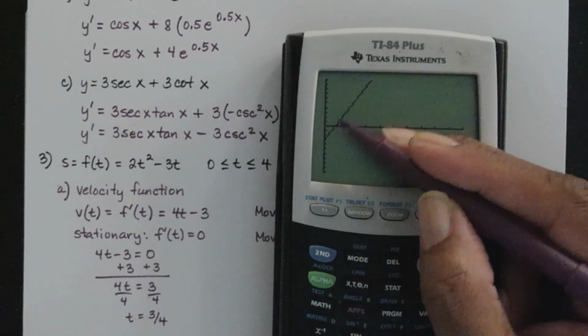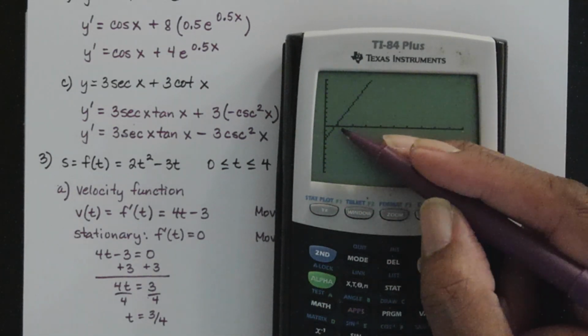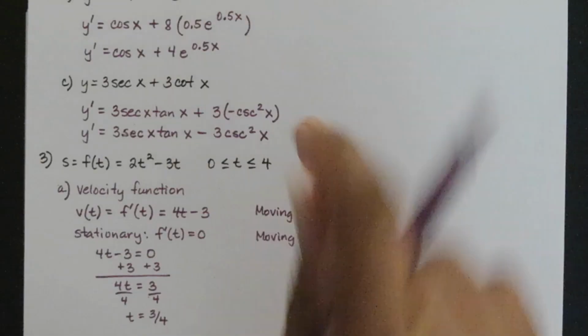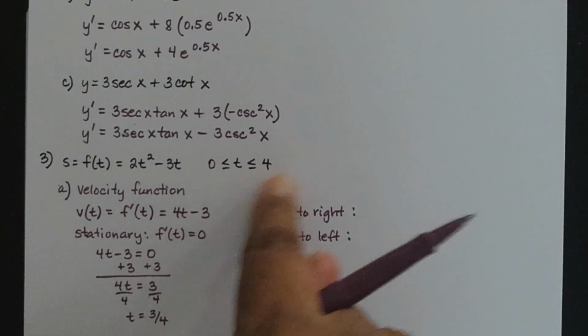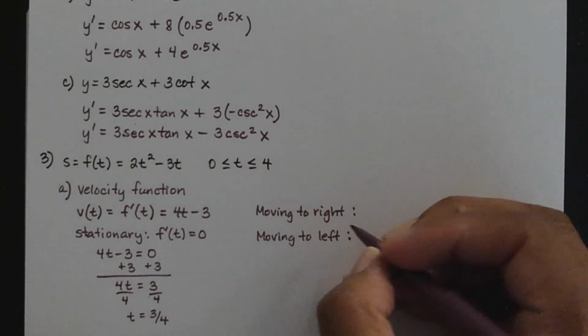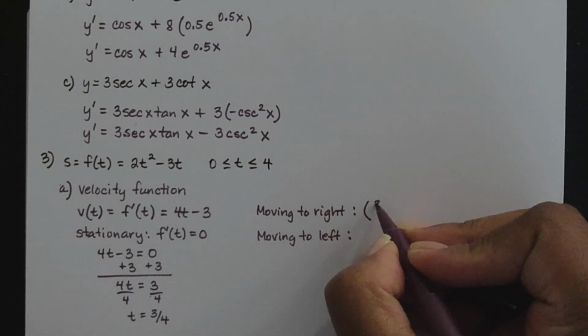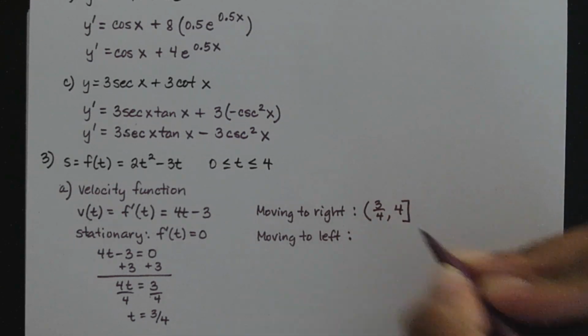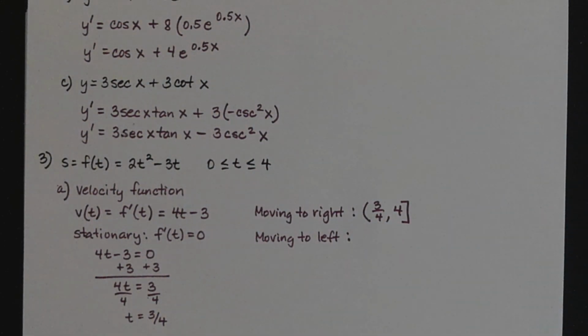Anything above will have to be moving to the right. So if it's bigger than 3/4, it has to be moving to the right. And I have to pay close attention to this interval that I'm dealing with. I'm restricted from 0 to 4. So from 3/4 up to 4, the object is moving to the right.